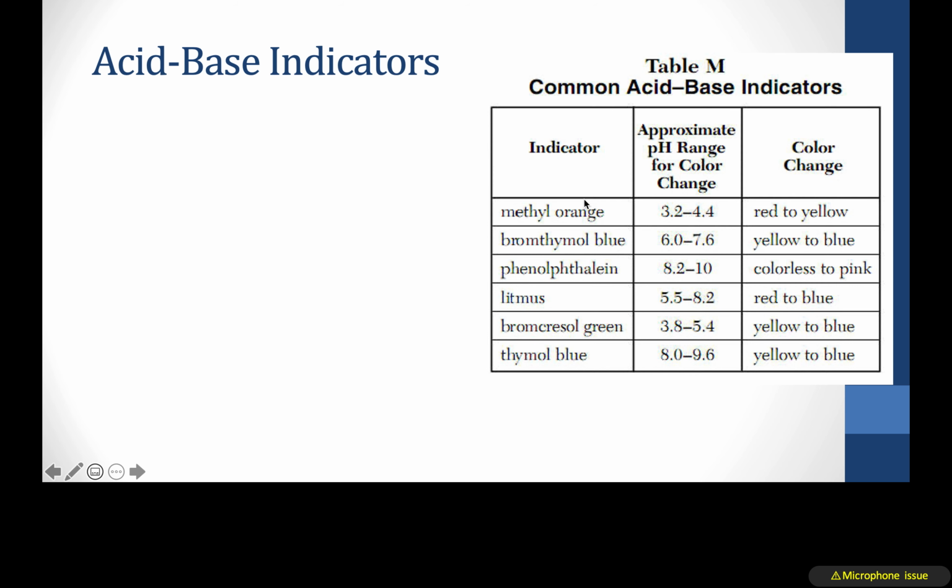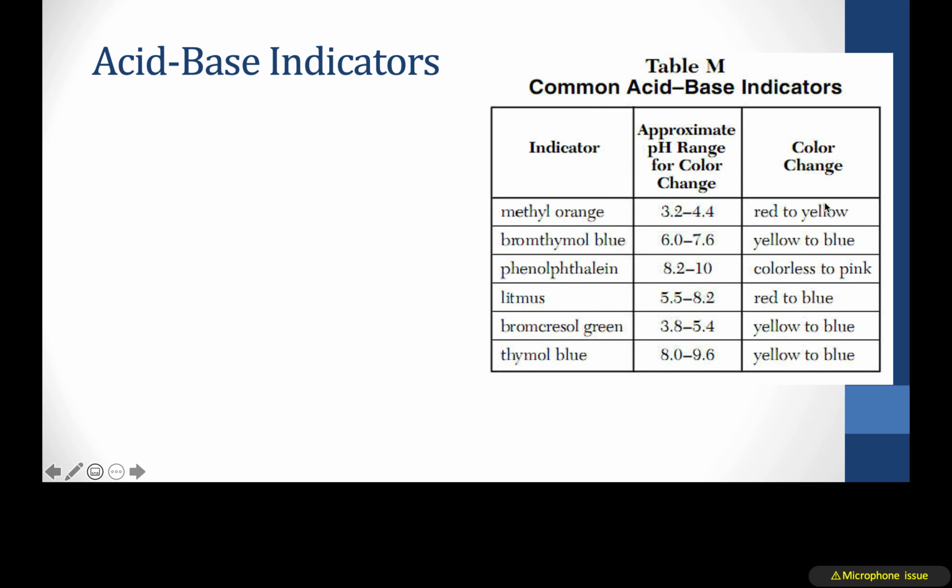Methyl orange, okay? It goes from red to yellow as the pH shifts in this range. As you go from 3.2 to 4.4, it shifts from red to yellow. So if it's a pH of 1, 2, or 3, it's going to be red. If it's a pH above 4.4, so 5, 6, 7, 8, 9, 10, 11, all those, it's going to be yellow.